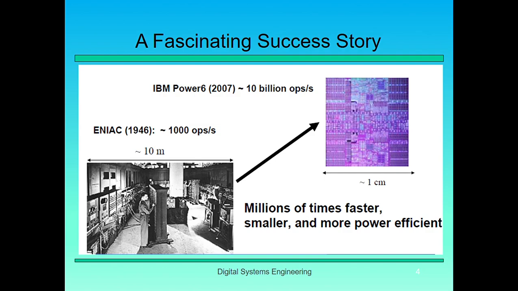ENIAC was able to store a maximum of 20 10-digit decimal numbers and could discriminate the sign of a number, compare quantities for equality, add, subtract, multiply, divide and extract square roots.